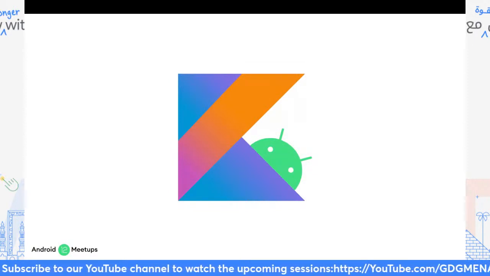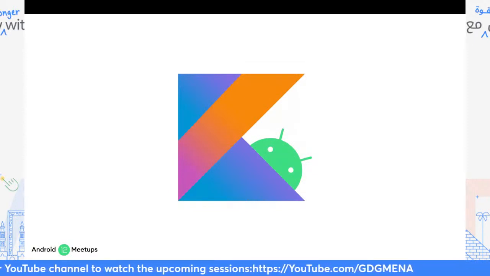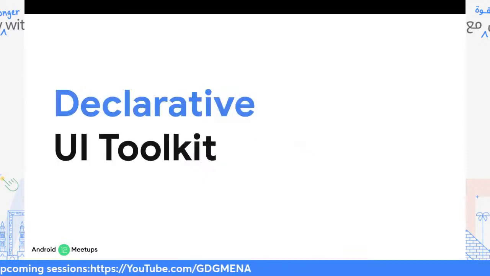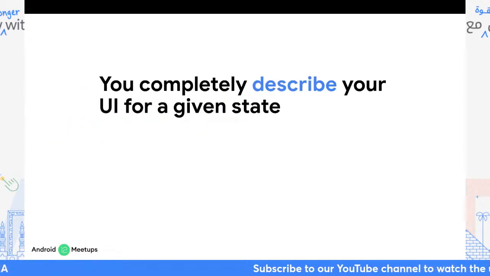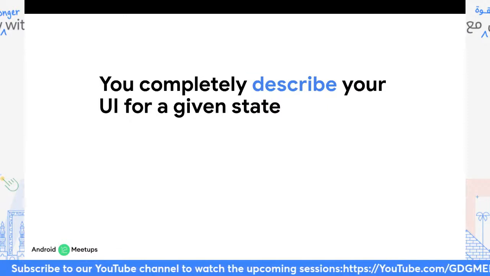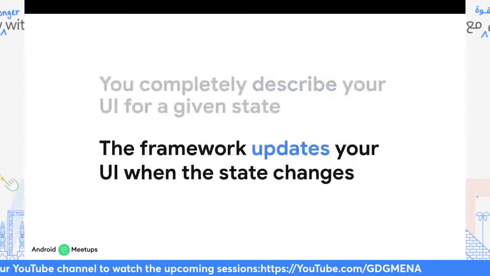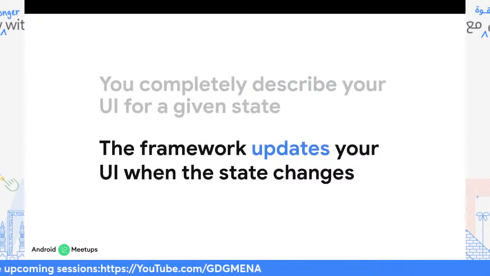Compose is built on top of the Kotlin language and it uses modern architectures and powerful Kotlin APIs. It is a declarative UI toolkit, and by declarative, it means that you completely describe what your UI should look like for a given state. Then, the framework should take care of updating the UI when that state changes.